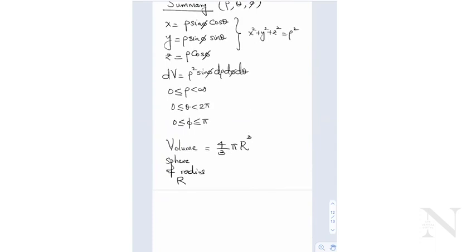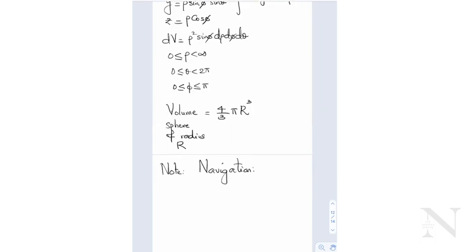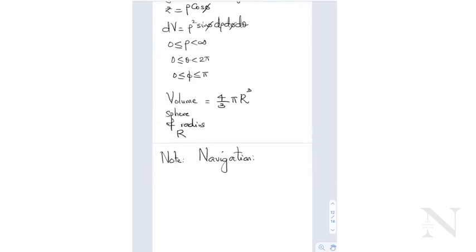Before I do that, let me just give you a quick note about how spherical coordinates are slightly different in navigation, just because it's easier for them that way. The equator is treated as the reference point for phi.